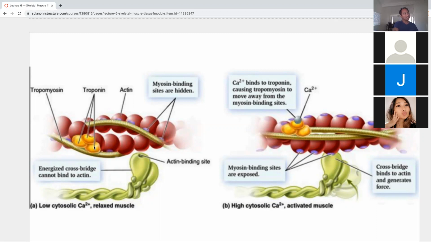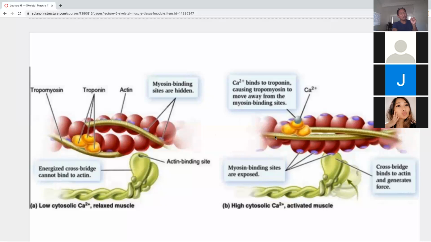And there is an associated structure which is called troponin. When calcium comes into this actin and myosin, that calcium will go and bind to troponin. So the calcium and troponin combination makes a conformational change in the tropomyosin.